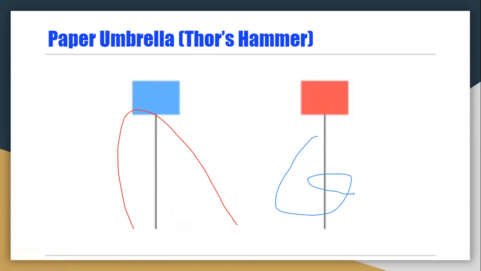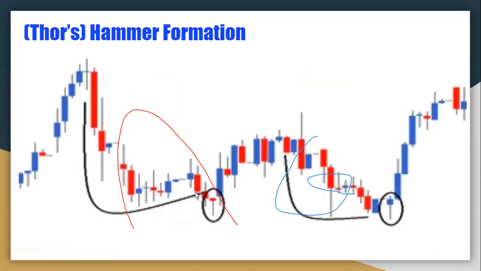Now let us look at what happens when this particular candlestick occurs in a chart. Clearly, if this candlestick pattern occurs in a downtrend, this means that suddenly the bears have lost their strength, or more bulls have taken fresh entry into the market and they are beating the bears.